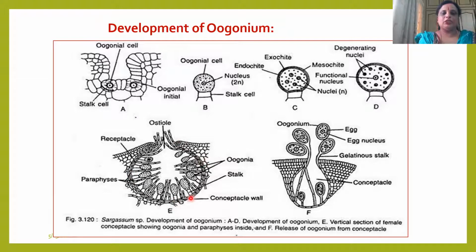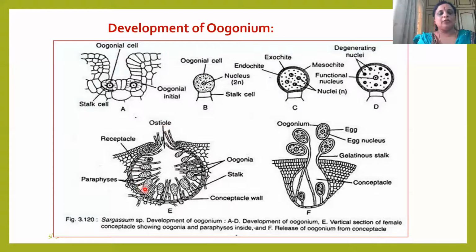These cavities are called conceptacles, and the wall underlying this cavity is called the conceptacle wall. You can find some sterile hair-like structures, called paraphyses. And this cavity has an opening, which is called the ostiole.